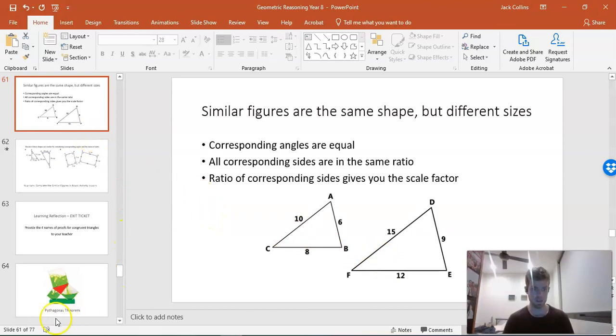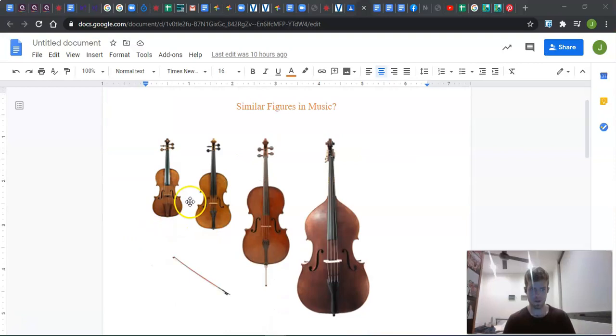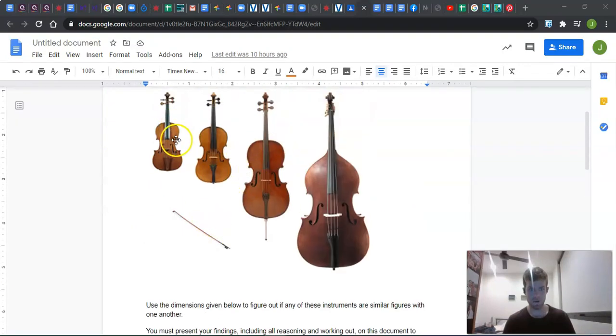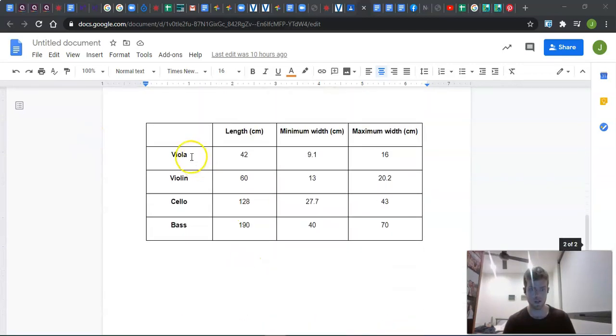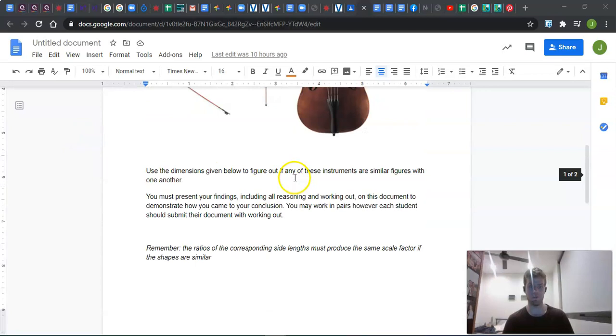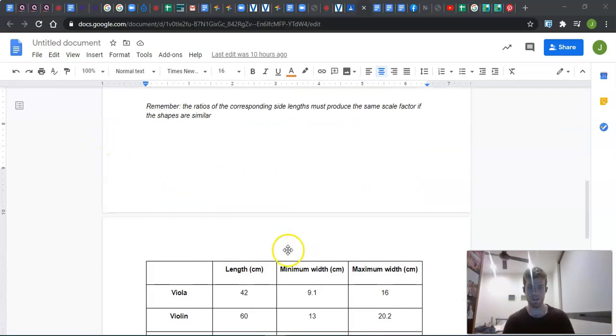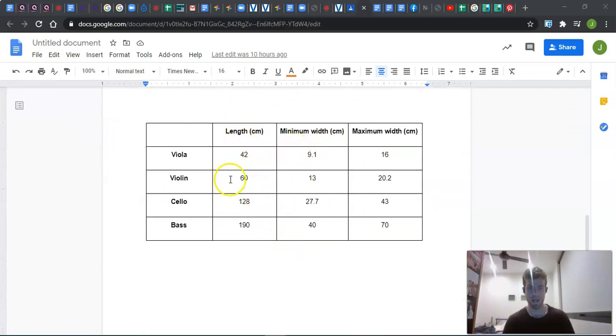And that activity looks at identifying whether these different instruments, violas, violins, cello, and bass, are in fact similar figures by comparing their length and their width.